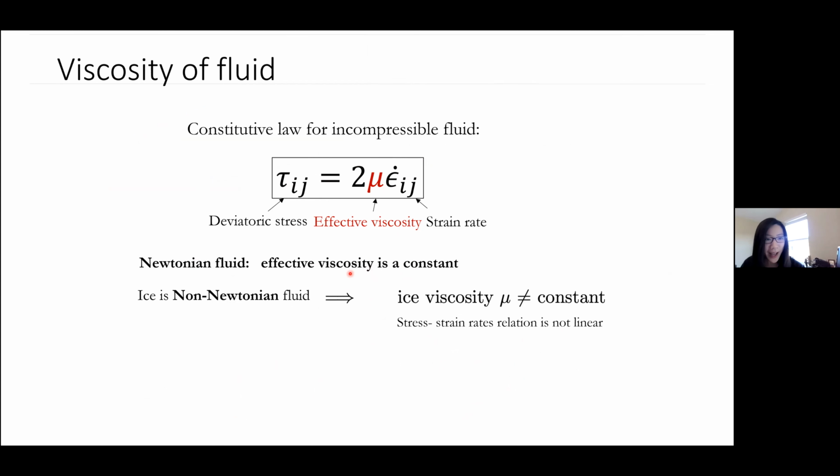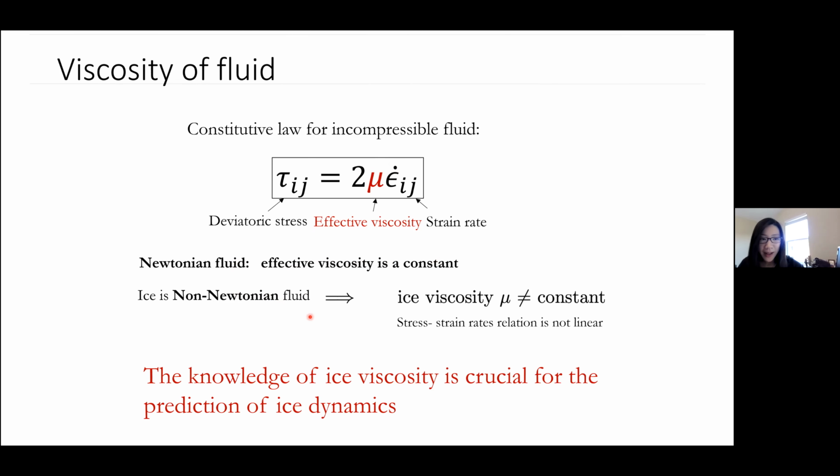For ocean and atmosphere, water is Newtonian, so viscosity is constant. For ice, it's considered a non-Newtonian fluid, so the viscosity is not a constant. It can depend on strain rate. And as we know, the knowledge of ice viscosity is critical for the prediction of ice dynamics.